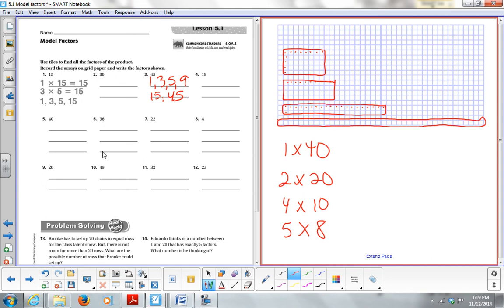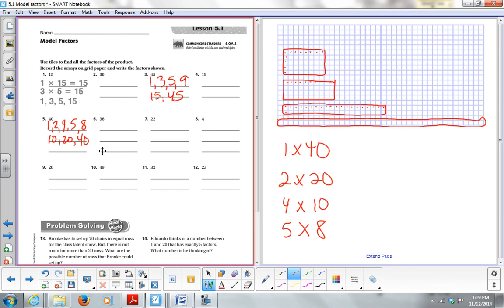And if I'm correct, that is as many as we can get. So my factors then would be 1, 2, 4, 5, 8, 10, 20, and 40.